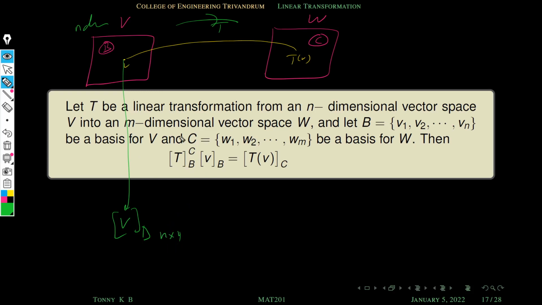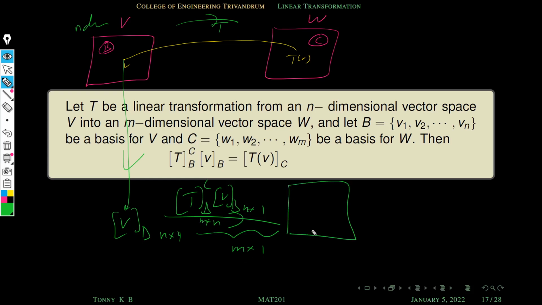And we have the matrix of the transformation. Next we take the product of these two matrices. This is also possible because this matrix is m by n and this is n by 1. So the product is again an m by 1 matrix, right?